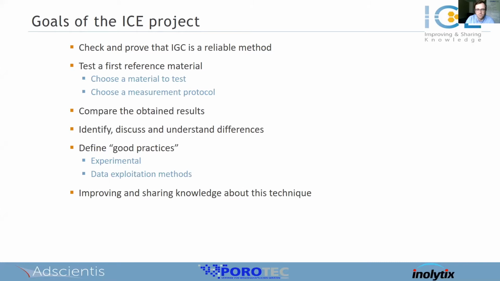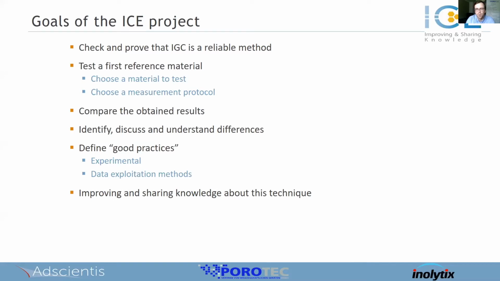The goals of the project are to check and prove that IGC is a reliable method, hopefully not dependent on the system or instrument, test the first reference material, therefore it has to be chosen, and a valid measurement protocol has to be defined. Compare the obtained results.